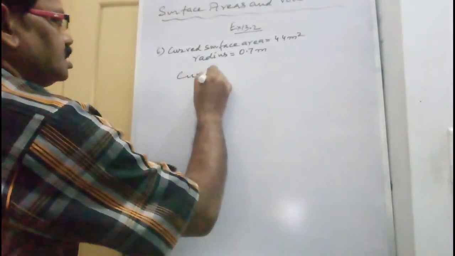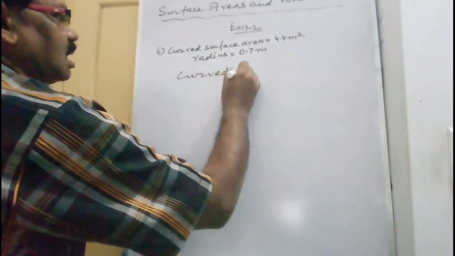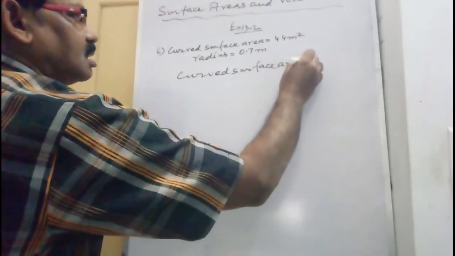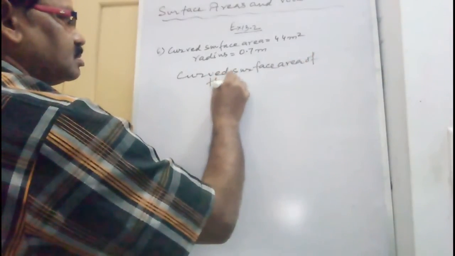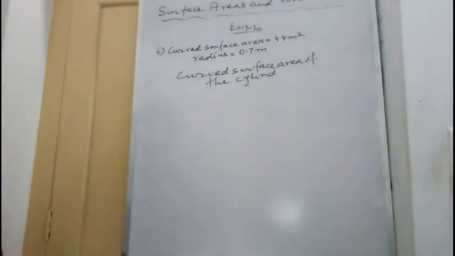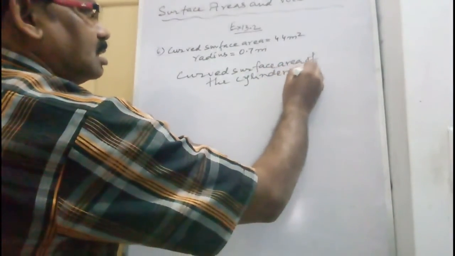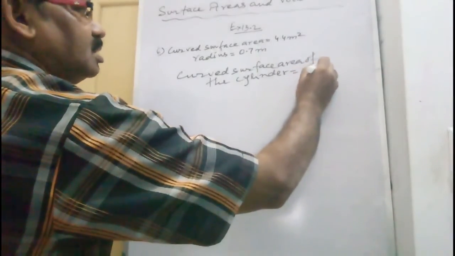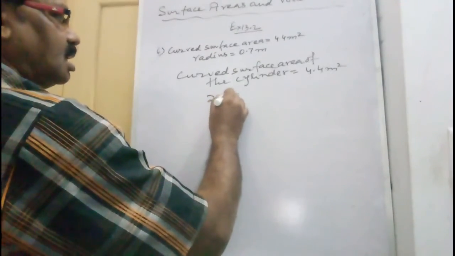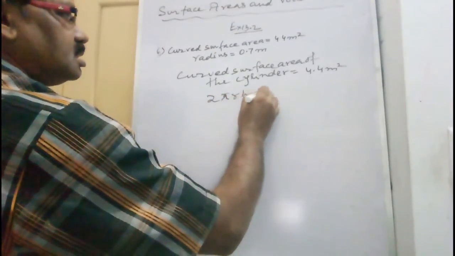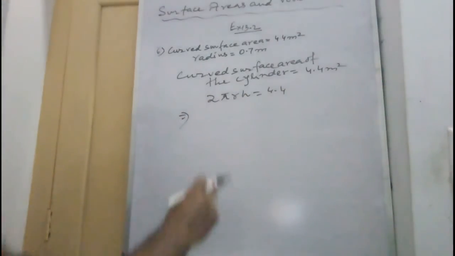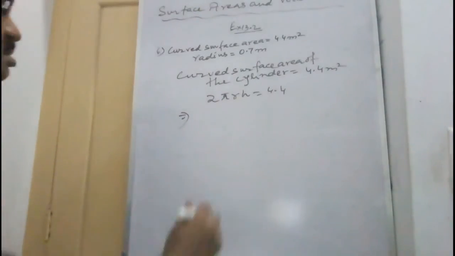So the curved surface area is 4.4, so 2 pi r h equal to 4.4, where h is the height and r is the radius.